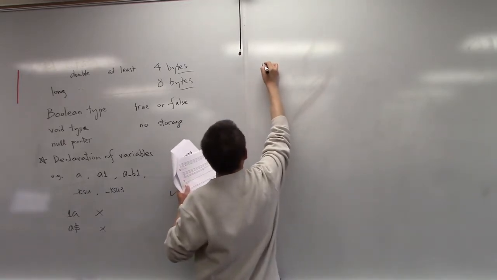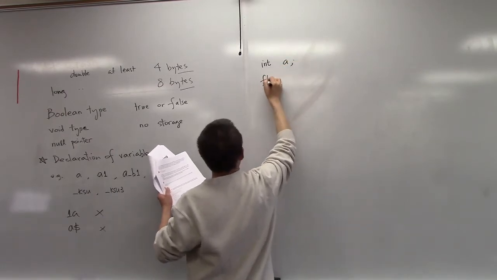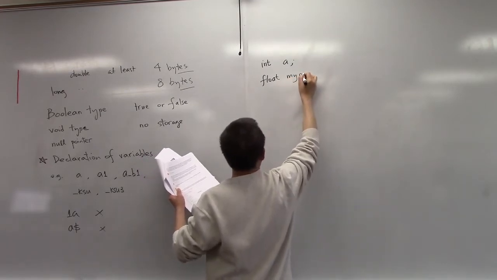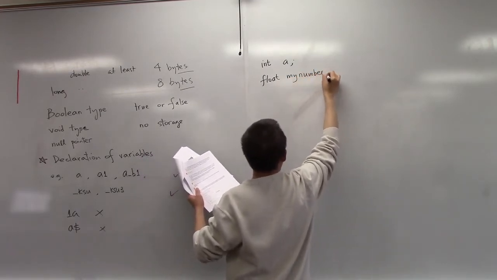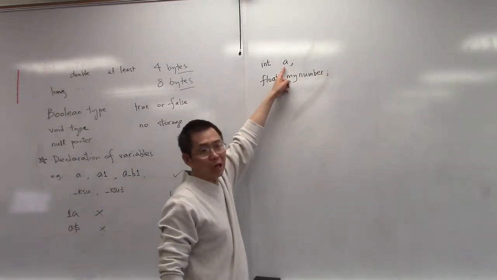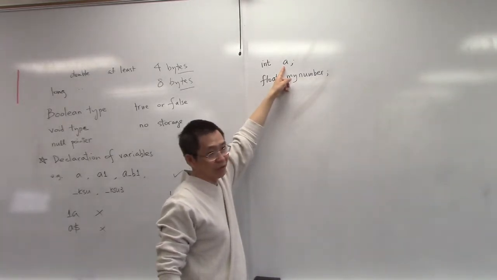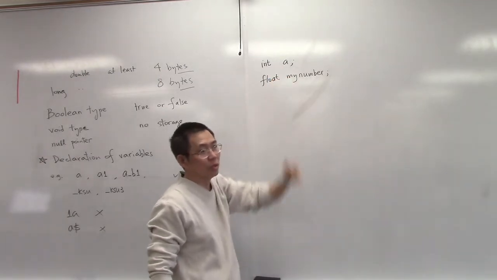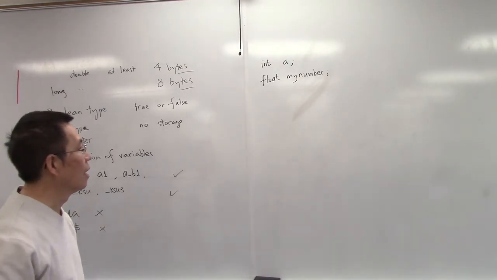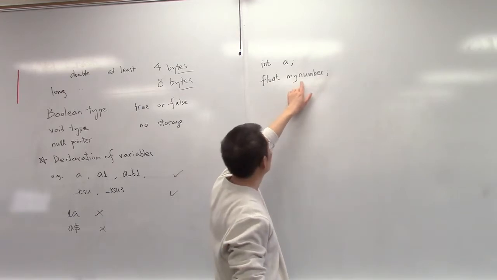For example, if I write int a, float my_number, then the compiler will know that the variable a can store an integer value of up to 2 bytes. The float number is 4 bytes. It must be a floating point.